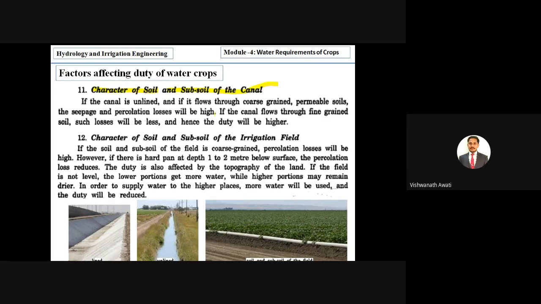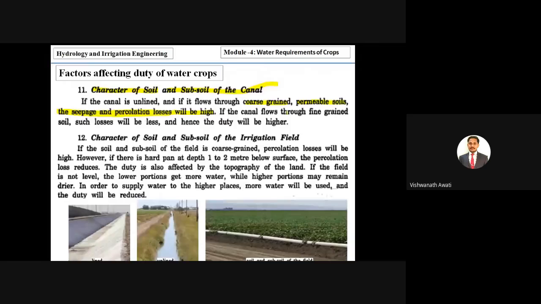So it is almost the same as the condition of the canal, earthen, right? As we know, there is more seepage because there will be more voids, and the losses will be higher.